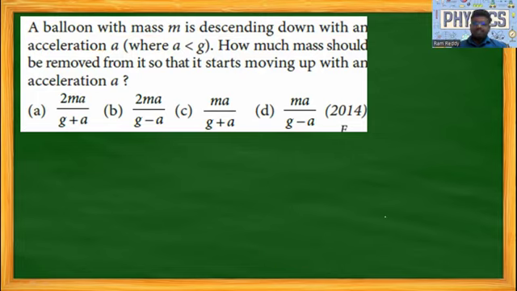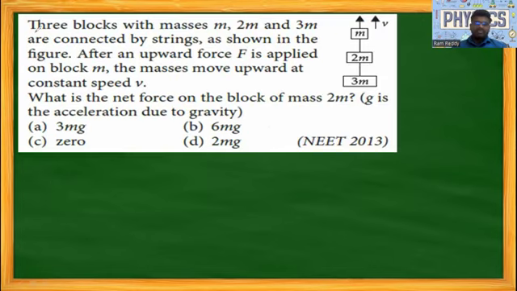We'll see the question. Every question has keywords. We have to remember the keywords and we have to identify them. Okay, so three blocks with masses m, 2m, and 3m are connected by strings. So these strings connect the three masses. An upward force F is applied on the block of mass m.